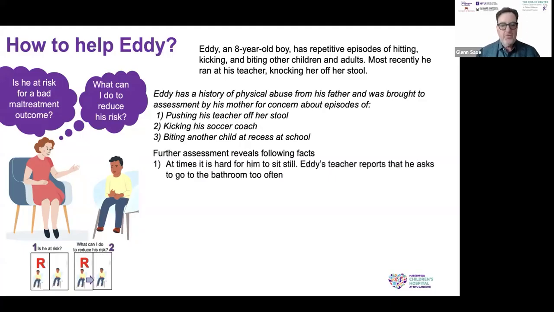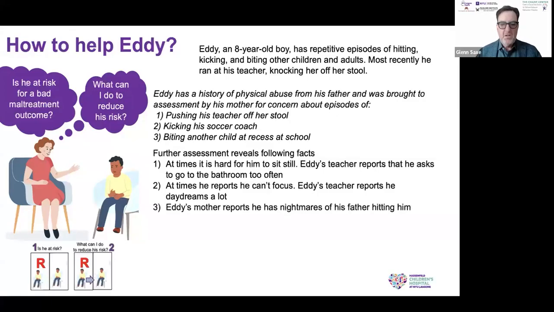Here are some further pieces of information. At times, it's hard for Eddie to sit still. His teacher reports he has to go to the bathroom too often. At times, he reports he can't focus. His teacher reports he daydreams a lot. His mother reports he has nightmares of his father hitting him.